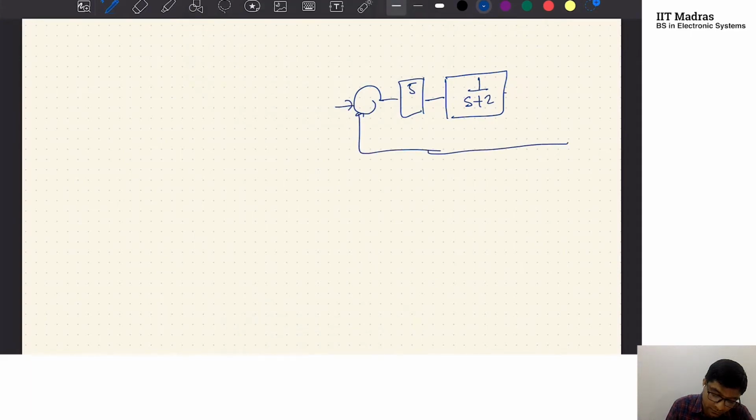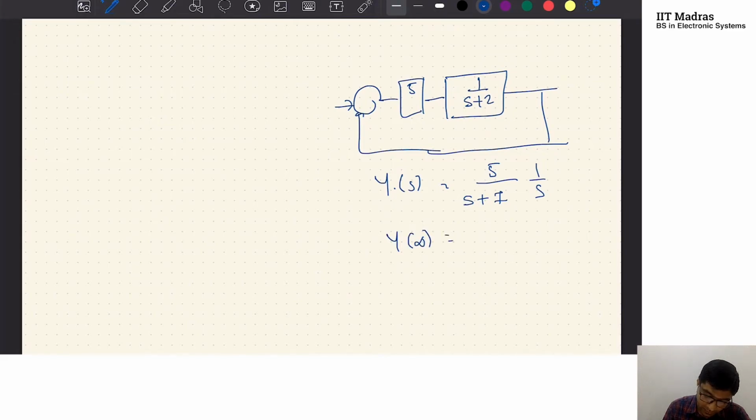So the closed loop transfer function here becomes 5 over s plus 7, and the output y of s, while tracking a unit step in the steady state, so y at infinity, will be 5 over 7.